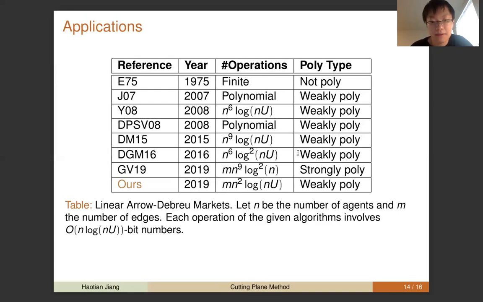One can think of m as being just n squared. So our result is basically n^4 log nU. U is the largest number in the problem. Interestingly, while previous algorithms are specialized to this market equilibrium problem, our result is achieved by our cutting plane method, which is a generic tool.